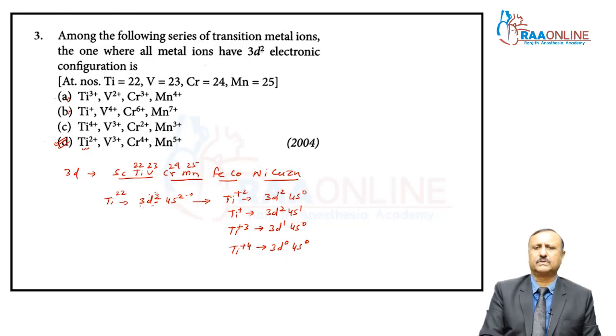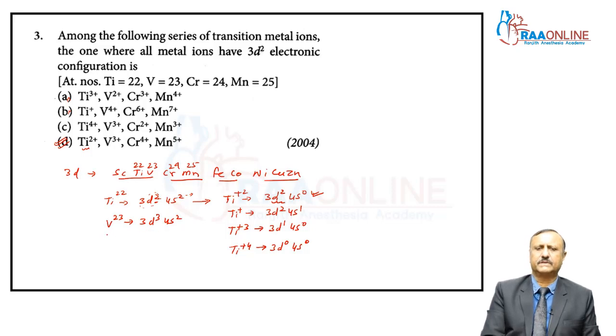In this way, my dear students, the question is that among the following series of transition metal ions, the one where all metal ions have 3d2 electronic configuration. The answer is Ti+2, because in Ti+2 you get 3d2. You can also see vanadium. Vanadium atomic number is 23 and 3d3 4s2 is the electronic configuration.